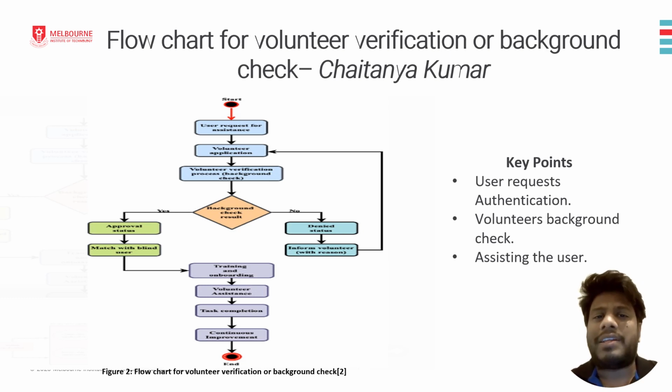After the volunteer gets successfully verified, he gets connected to the blind user. Even before getting connected, he needs to undergo a training process, which gives the details of limitations in the process of assistance. And if the verification is unsuccessful, he goes back to the login details.